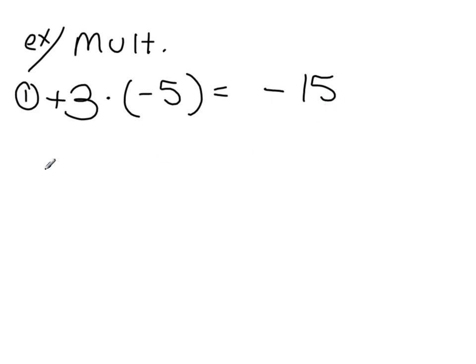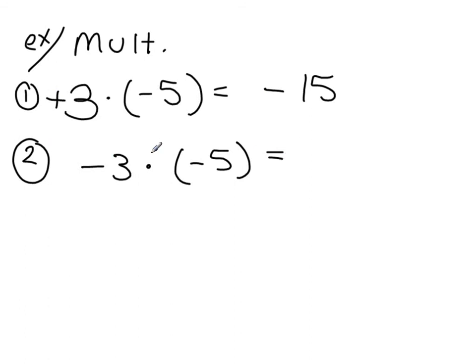Let's do another problem. Let's say we have -3 times -5. Well, two negatives makes a positive when we're multiplying. Very important to understand the operation we're in. So a negative times a negative is in fact a positive. And 3 times 5 is 15, so no issues. All right, let's try another one. Let's say we have -3 times +5.